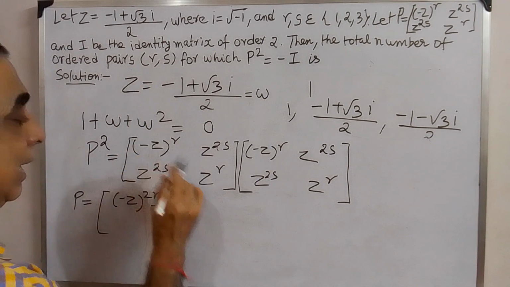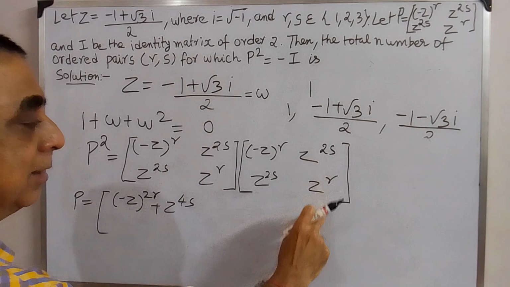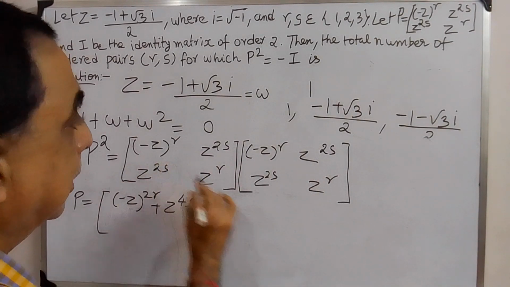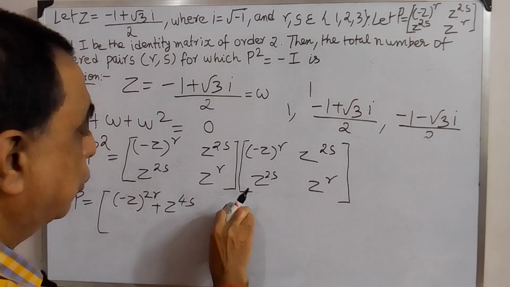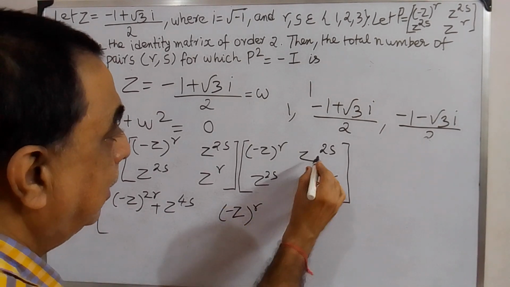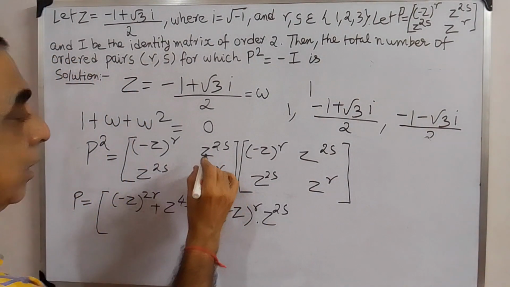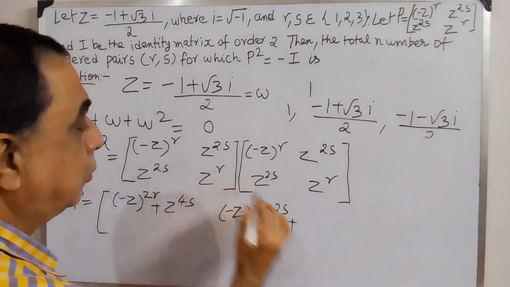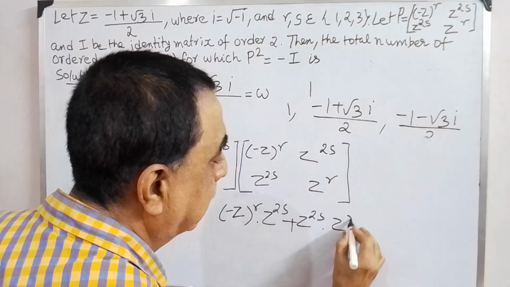Then first row, second column: this row and this column will be multiplied. So this is minus z to the power r into z to the power 2s, plus z to the power 2s into z to the power r.